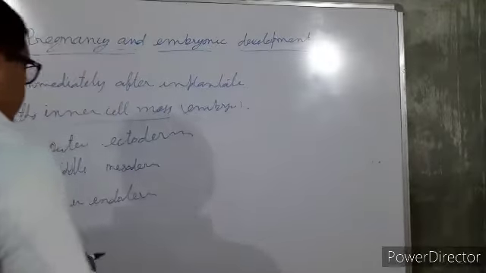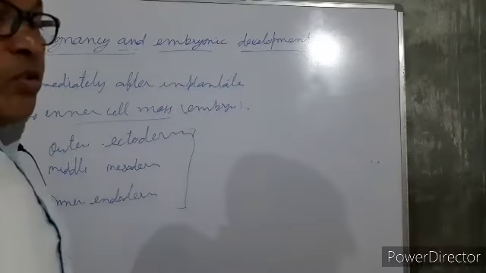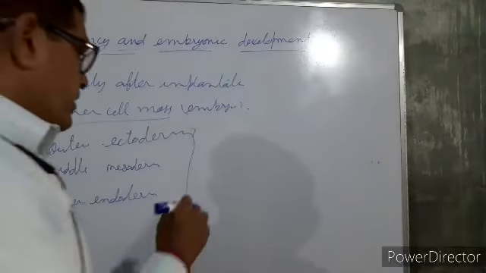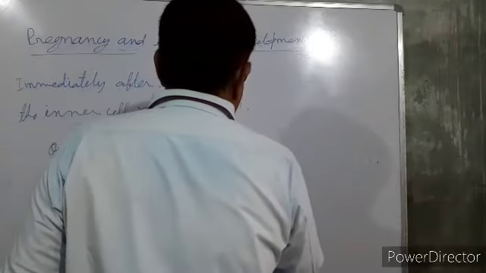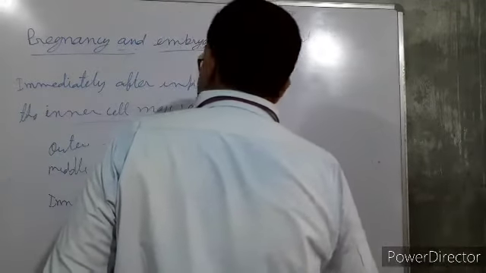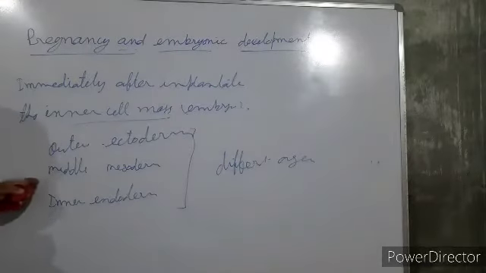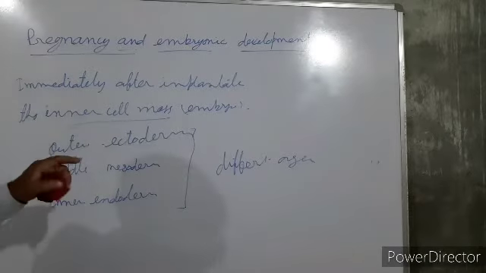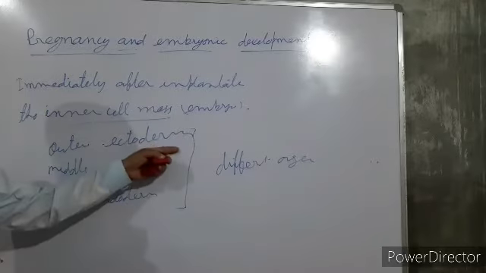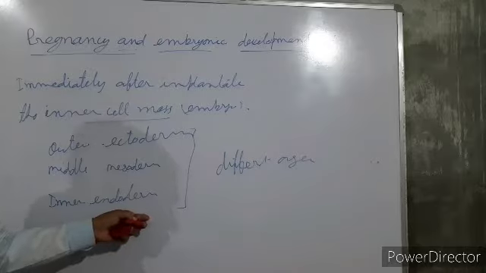These three layers give rise to different organs. These are also called primary germ layers. So organs are developed by the ectoderm, mesoderm, and the endoderm.